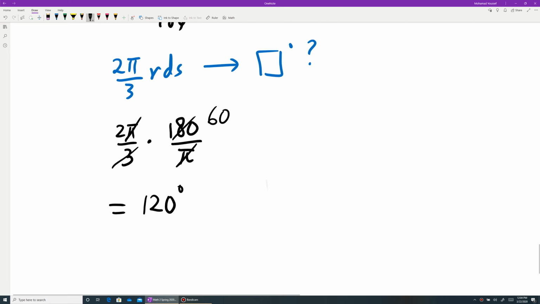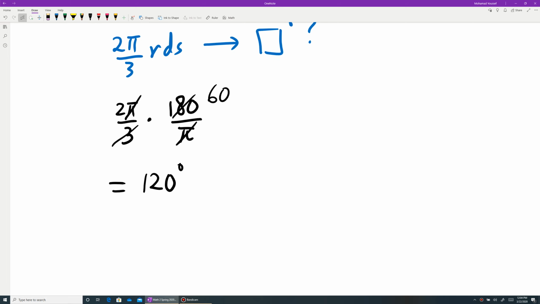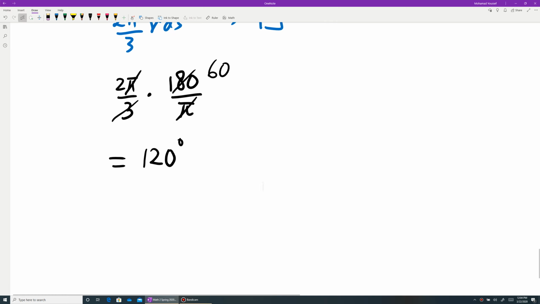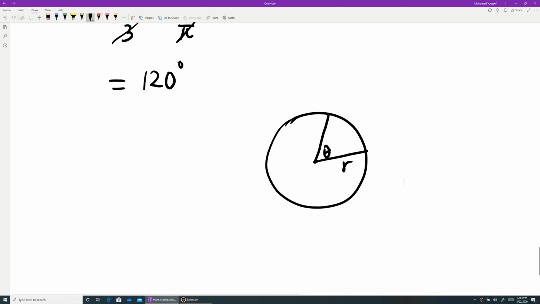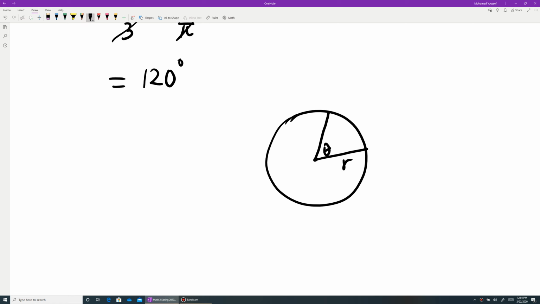Another application here, beside the arc length, is to find the area. So if we have a circle like this, radius r, angle theta, we can find the area of the shaded sector.